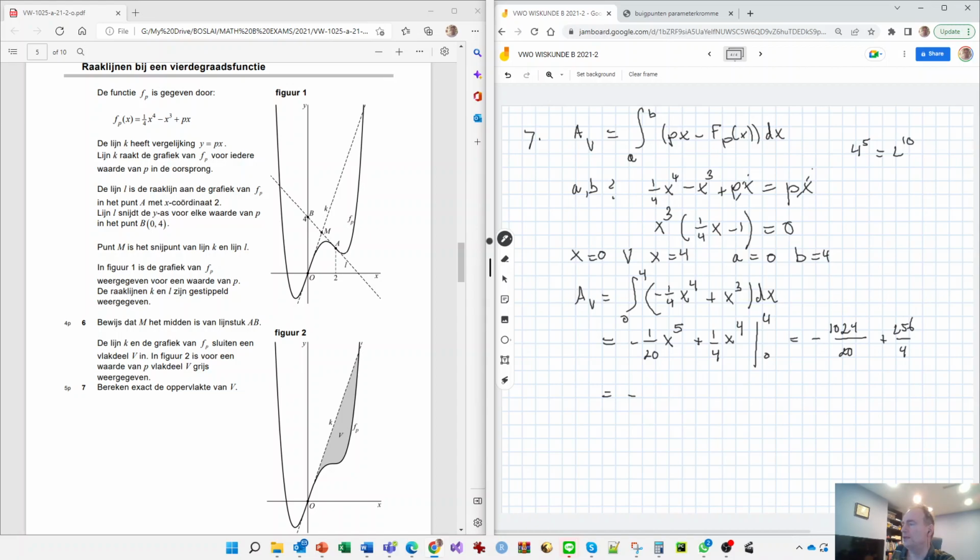This is minus 256 then, divided by 5. I just simplify each fraction here, and 4 to the power 8, so this is 64. Interesting.